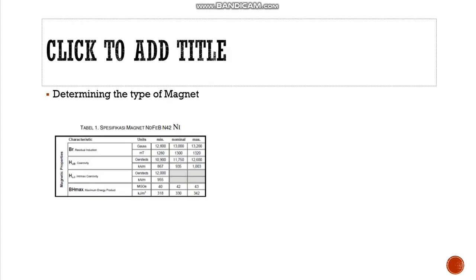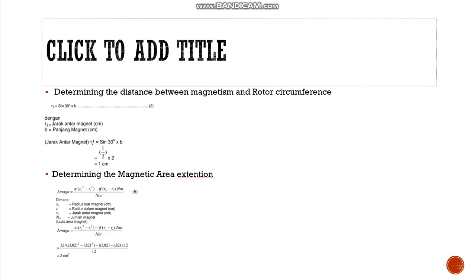And then we determine the type of magnet. We choose a magnet with a high maximum energy product, which is better. After that, determine the distance between the magnet and the rotor circumference like this, with sine 30 times B. The result is 1 centimeter.